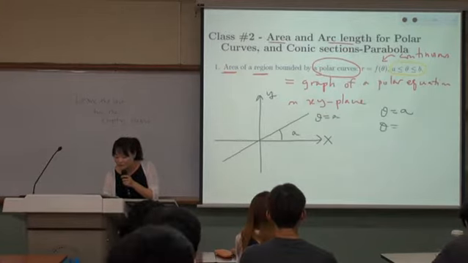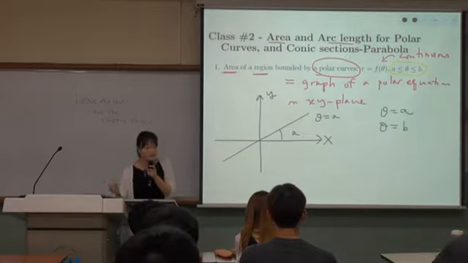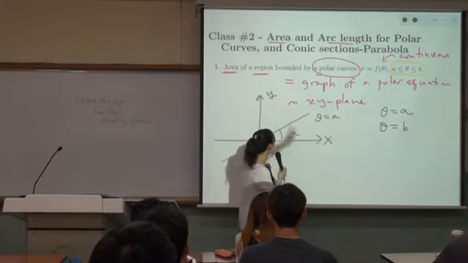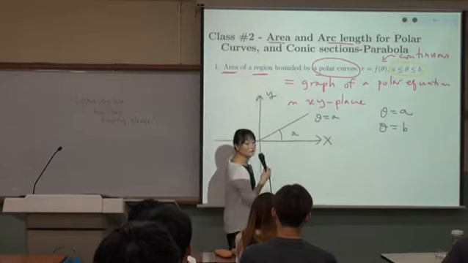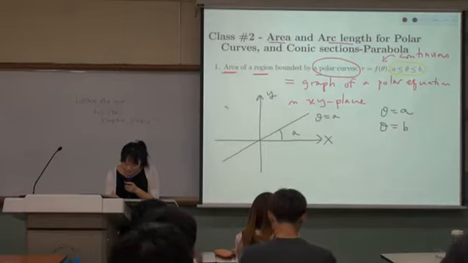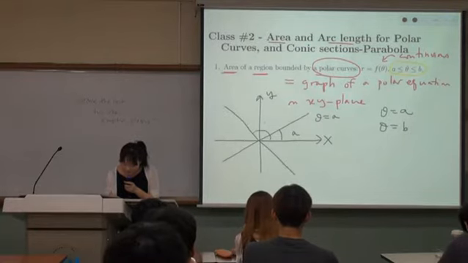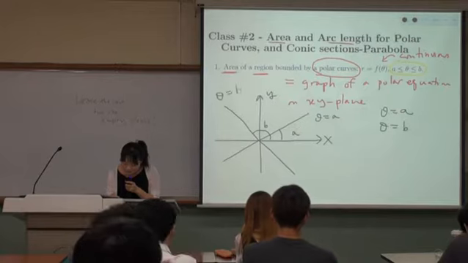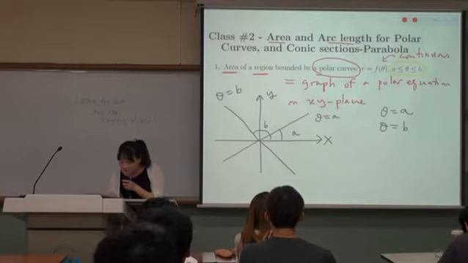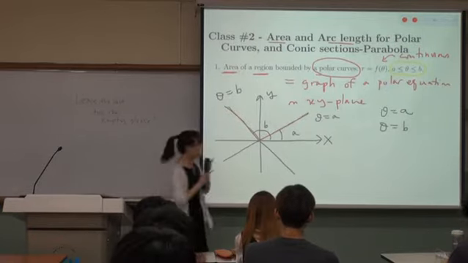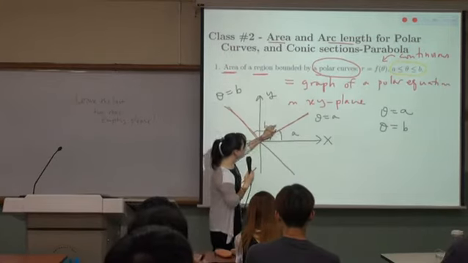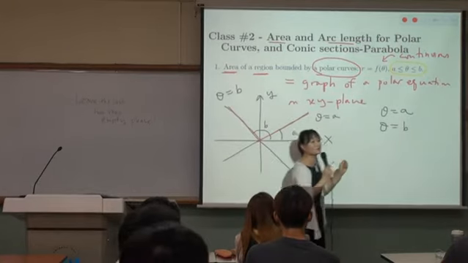And what's theta equal to B? It's again a line. So which is bigger, A or B? B is bigger, so B will be somewhere here. So theta equal to B is a line. Between A and B, the angle is increasing, and for each theta we have a corresponding radius r.